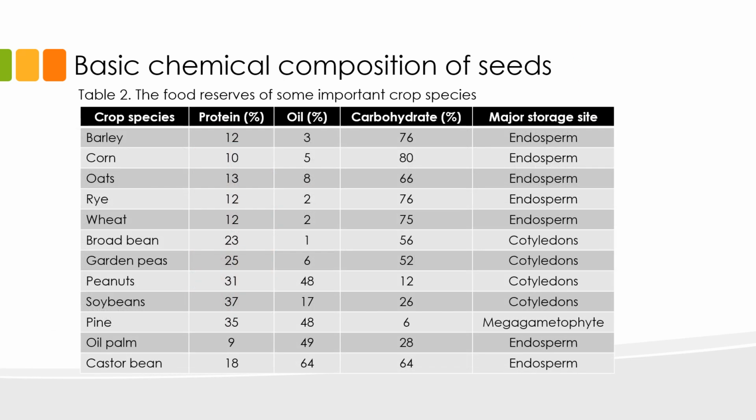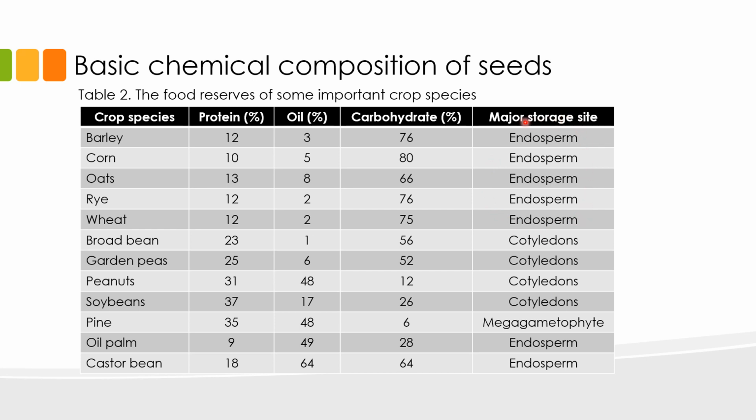The proportion of each of the major chemical components of seeds varies depending on the plant species. Most cereals like barley, corn, oats, rye, and wheat are going to have higher proportions of carbohydrates, as you can see here. In this table, the range of carbohydrate content for cereals is 66 to 80%, and this is mostly found in the endosperm.